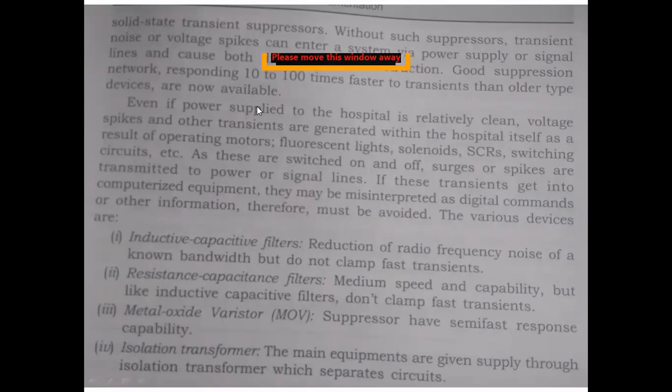The generated signals should be sent to some other room, and the heavy current lines and the generated signal lines should not be sent in the same line, because heavy current cables will induce currents in the low current cables.